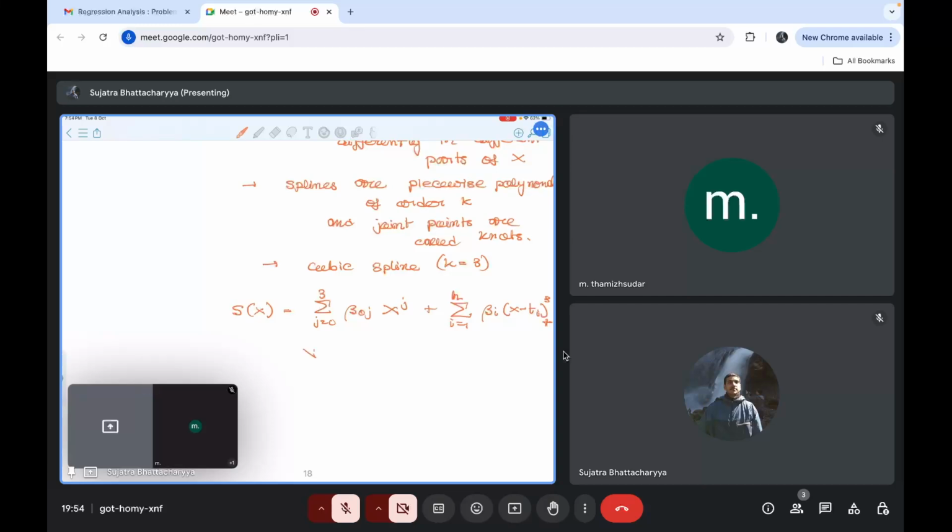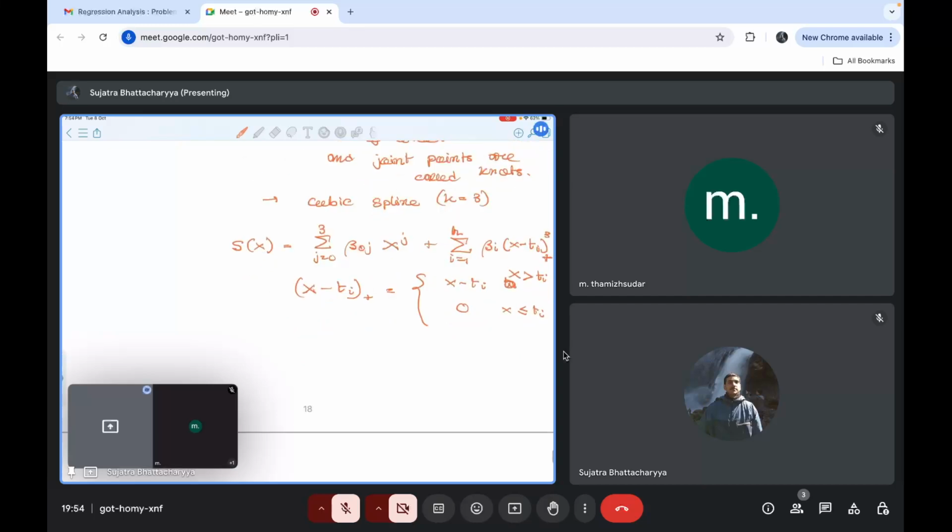So x minus t i plus is defined as x minus t i when x is greater than t i, and it is 0 if x is less than or equal to t i. This is the definition of x minus t i plus. So suppose h is equal to 2, that you have t1 and t2 as the two knots, the number of knots.